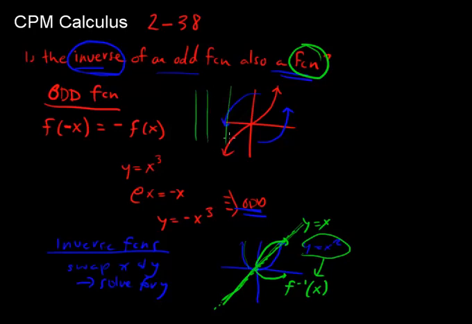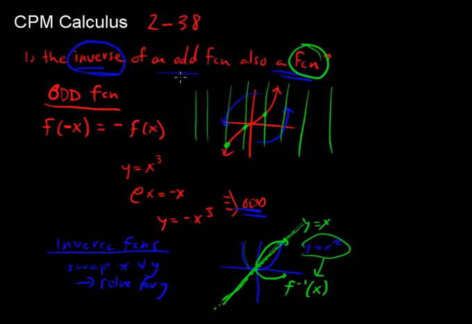If we scan vertical lines across, or use our pencil, and it ever hits our function more than one time, it's not a function, because for every x value, or every value in the domain, we can only have one y value output. So it passes the pencil test, the vertical line test. In this example, it passes.